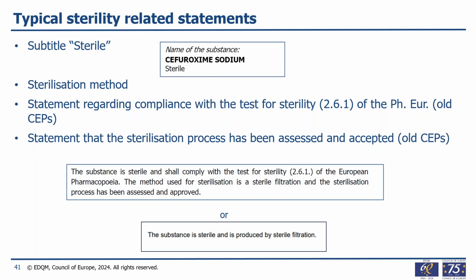For sterile substances, there is a specific subtitle on the sterile CEP. The sterilization method is mentioned on the CEP, and the statement regarding compliance with the test for sterility of the monograph on all CEPs is still mentioned, as well as the statement that the sterilization process has been assessed and accepted by the EDQM.